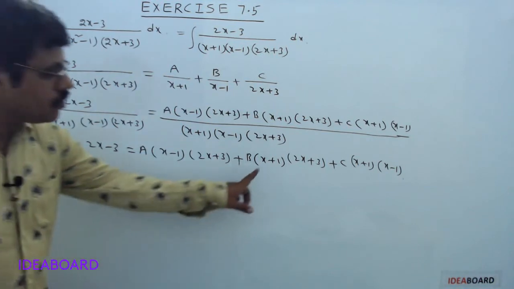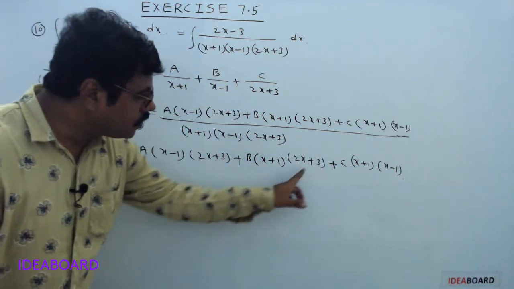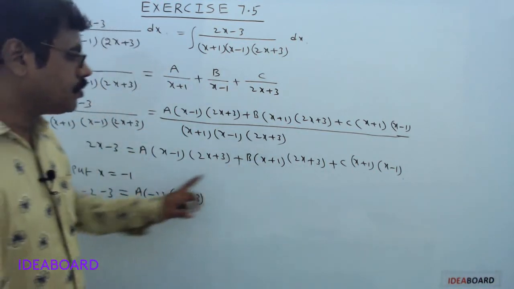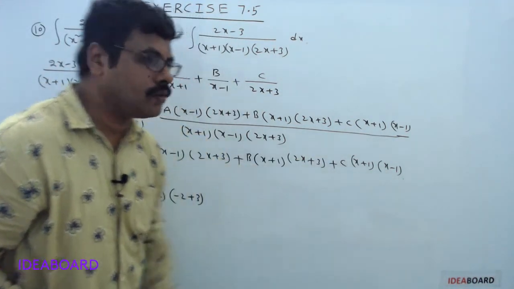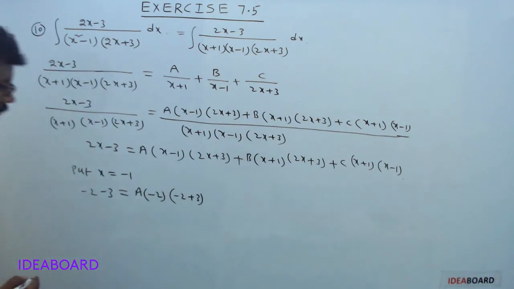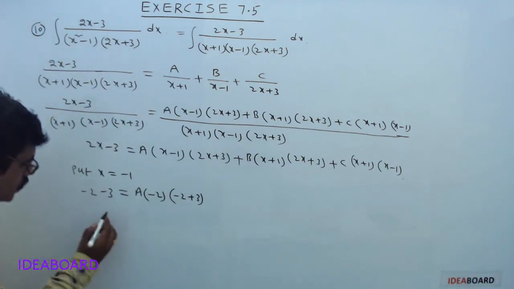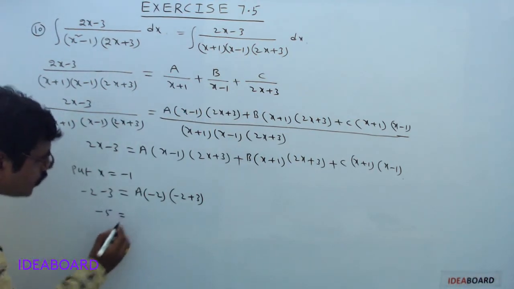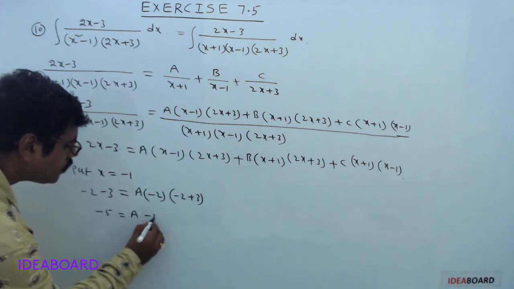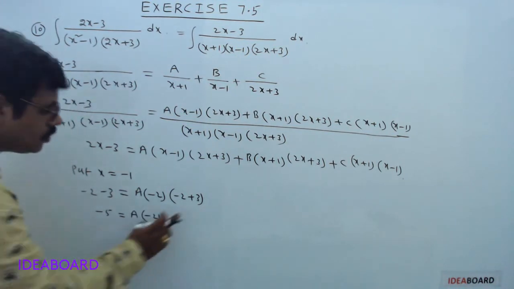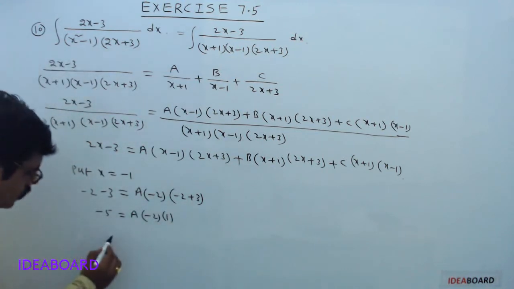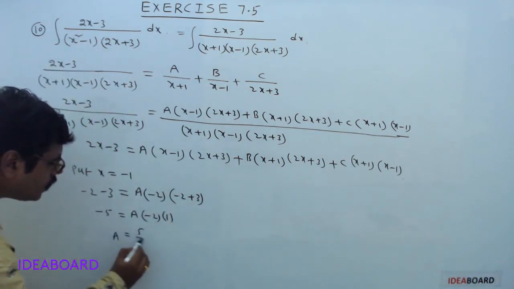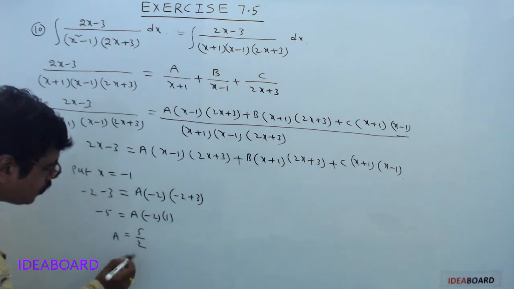By substituting x equal to minus 1, this term will be 0, and this term will also be 0. Now see the simplification. Minus 2 minus 3, that is minus 5, equals a into minus 2 into 1. Therefore the value of a is 5 divided by 2.